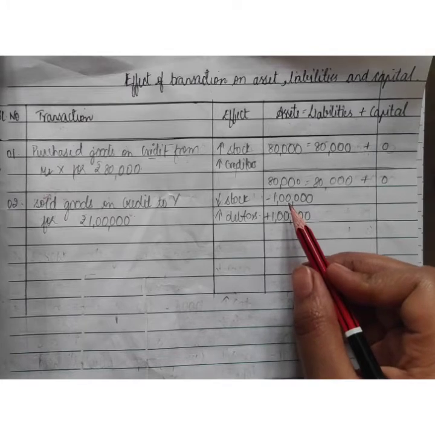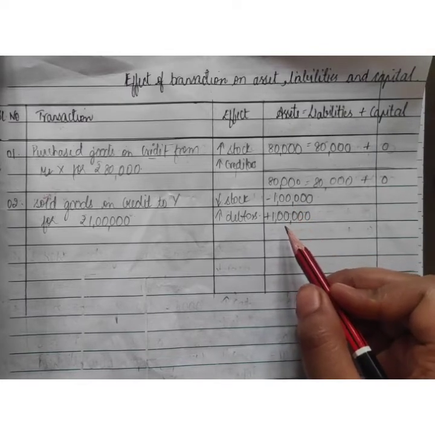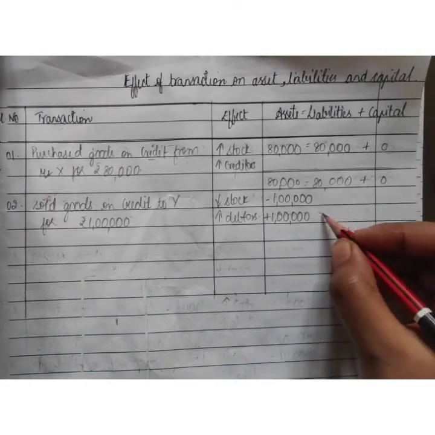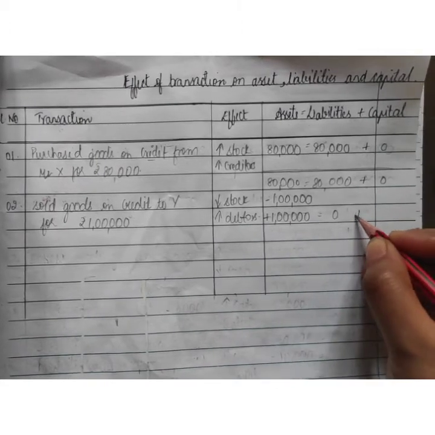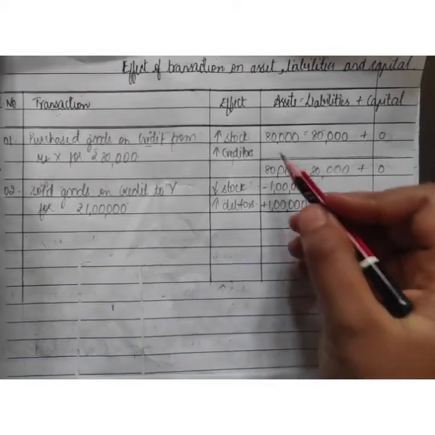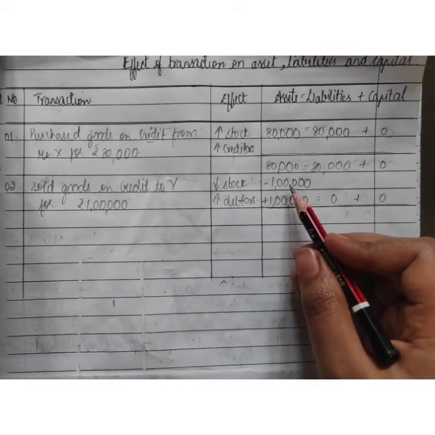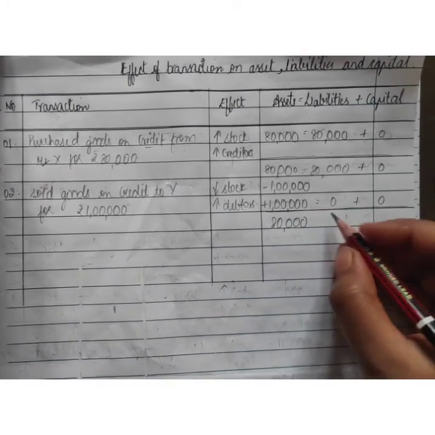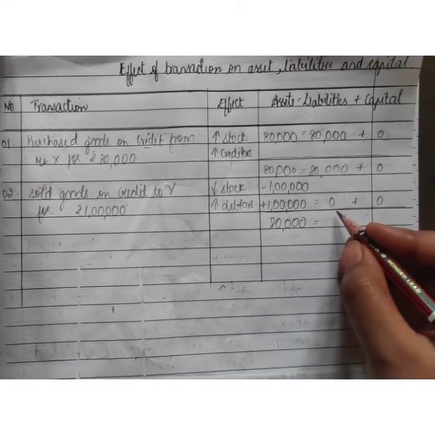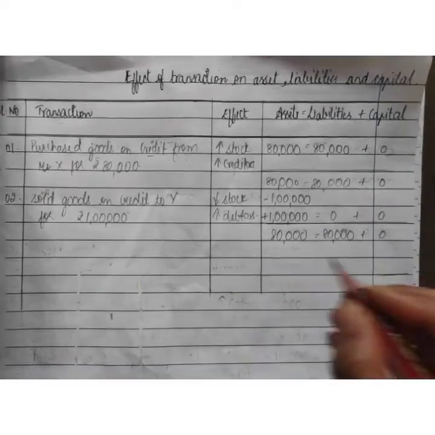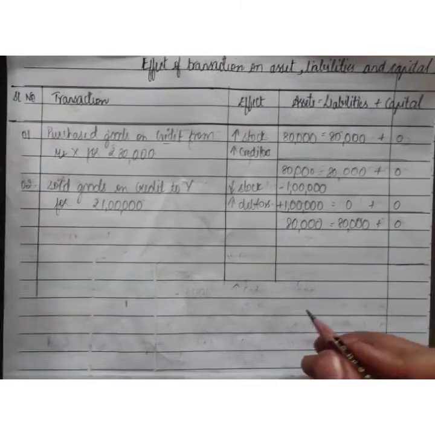Goods worth rupees 1 lakh are gone and we have not received this 1 lakh. We are yet to receive. So that's why I am writing 1 lakh on the left, equal to, there is no liability and there is no capital. So now 80,000 minus 1 lakh plus 1 lakh will give you 80,000 again, equal to 80,000 again, plus 0. So left hand side is equal to right hand side.